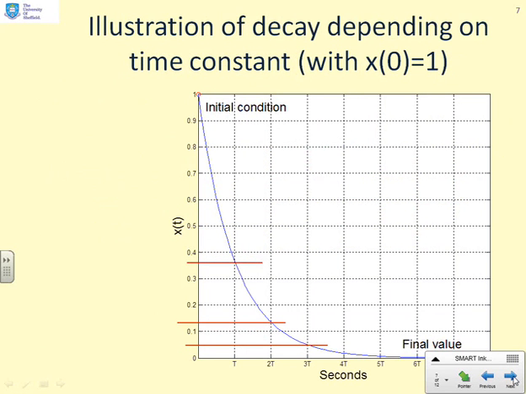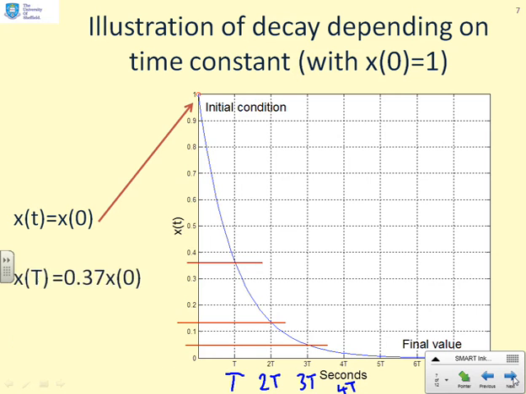So we'll do an illustration here. And you'll notice on the bottom axis here I've used a timescale written in terms of capital T, and that's a trick that you'll get familiar with. After capital T seconds, if we start with 0 seconds, we've got x of 0. After capital T seconds we've got 37% of x of 0.